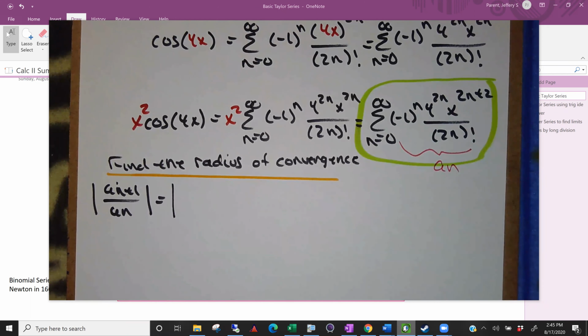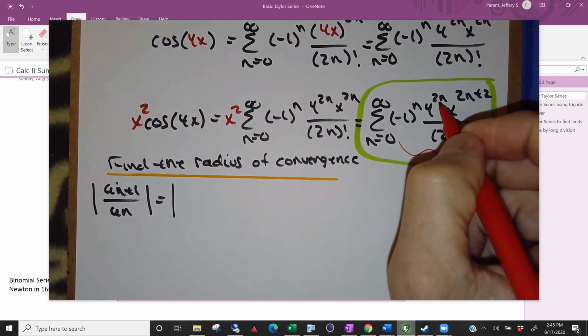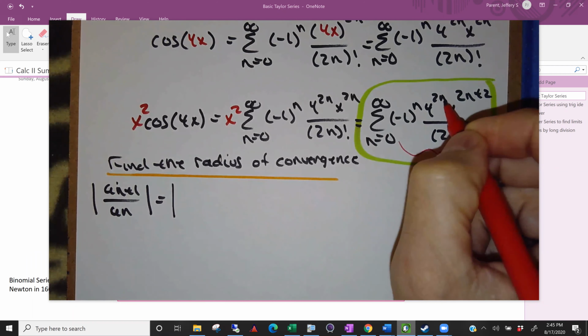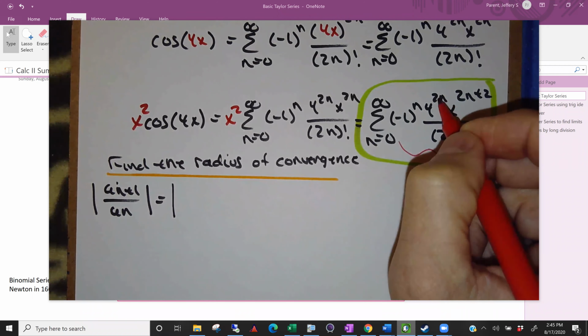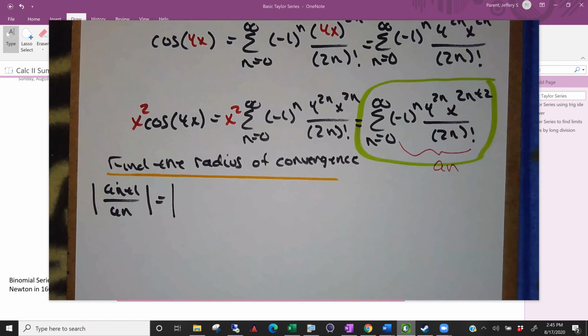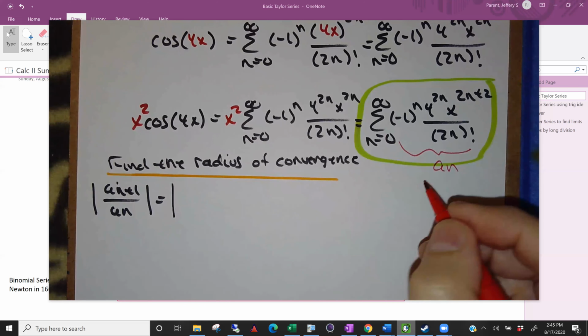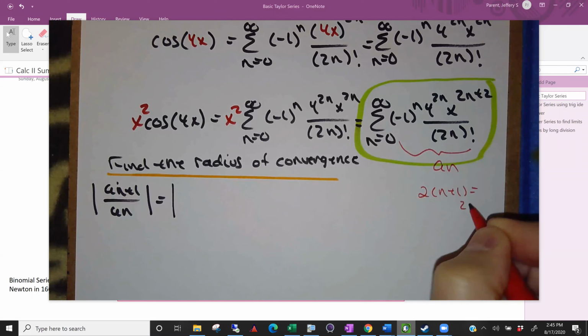When I put in n plus 1 as opposed to an n, that'll be 2 times n plus 1, which equals 2n plus 2.